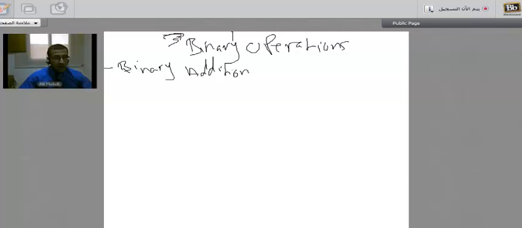So if we have, for example, this number 1 0 0 0 1 0 1 1, this number in binary equals 209 in decimal. You should all know how this came about from last lecture.